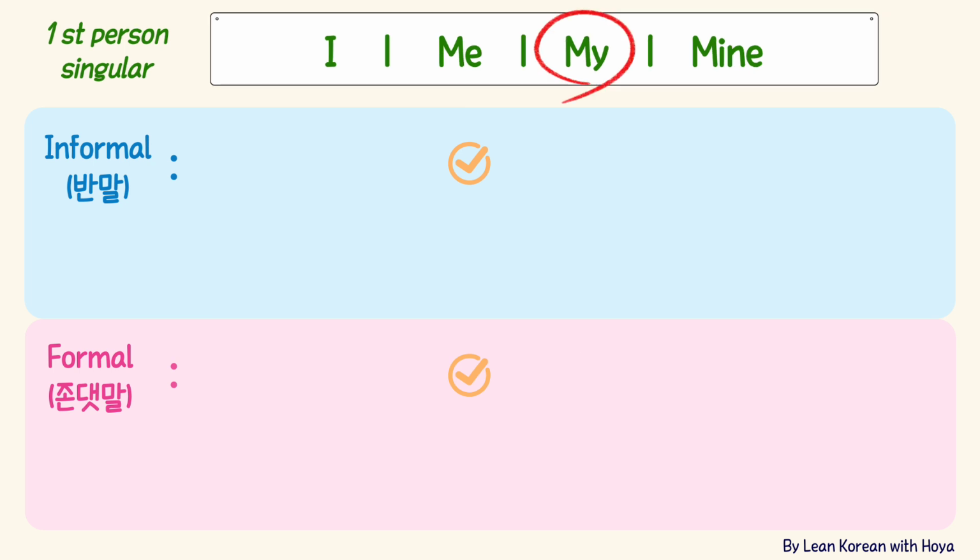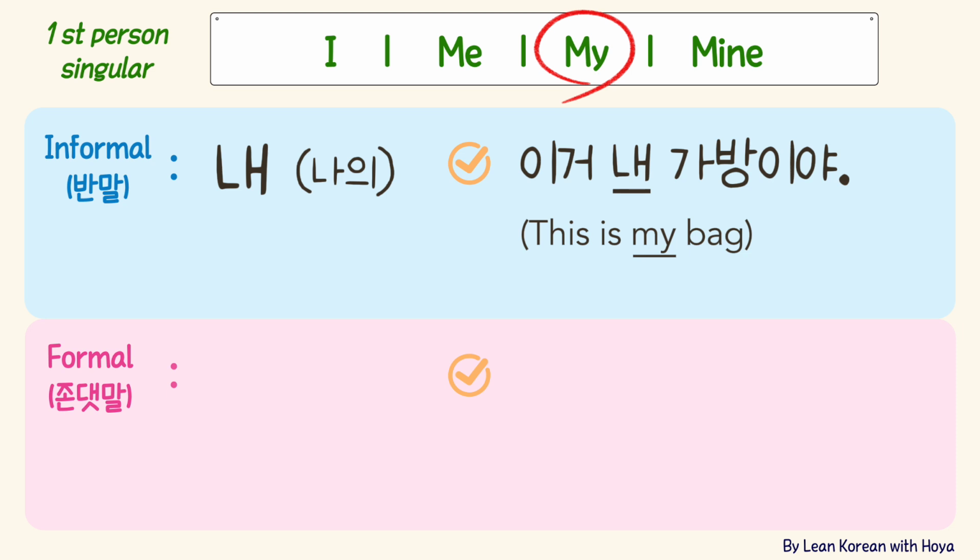The next one is my. The informal version is 내, and 내 is a short form for 나의. This is my bag. 이거 내 가방이야.